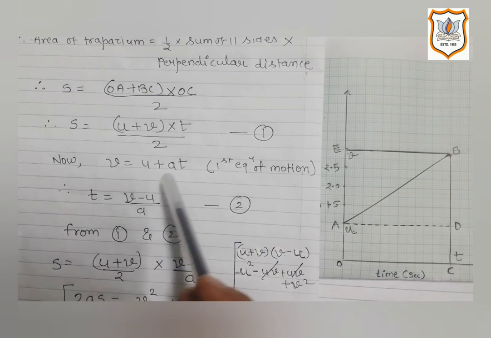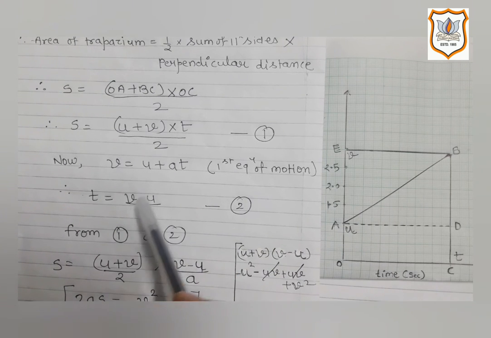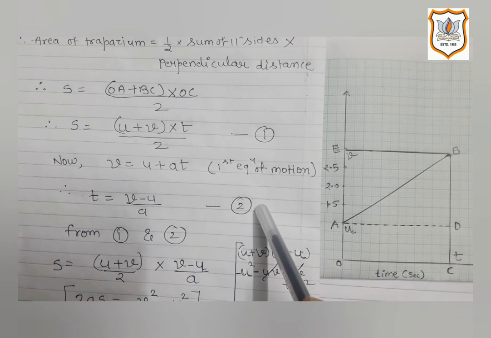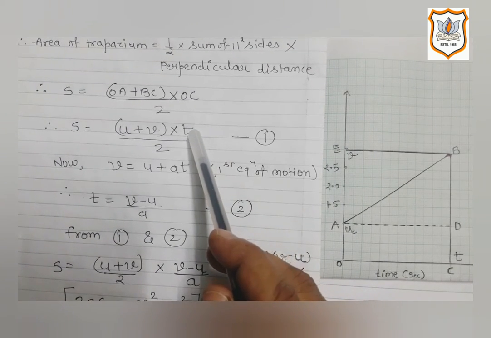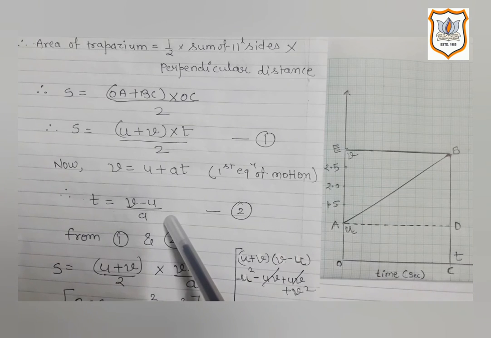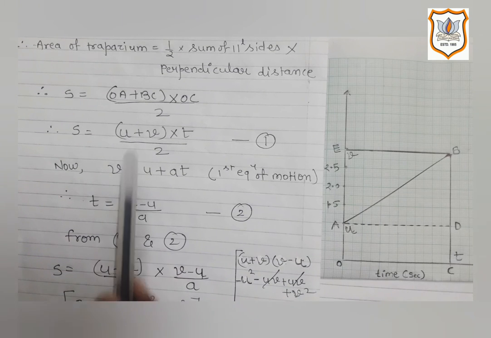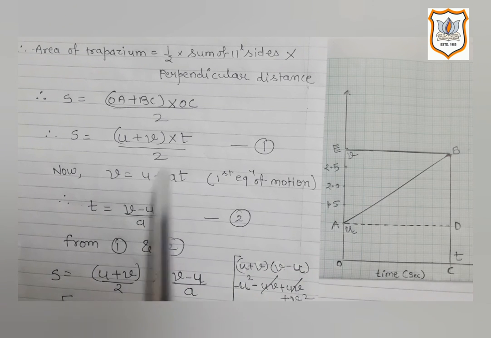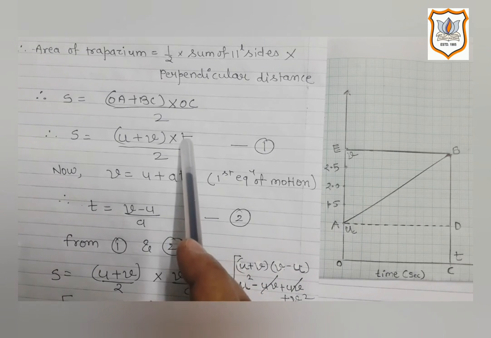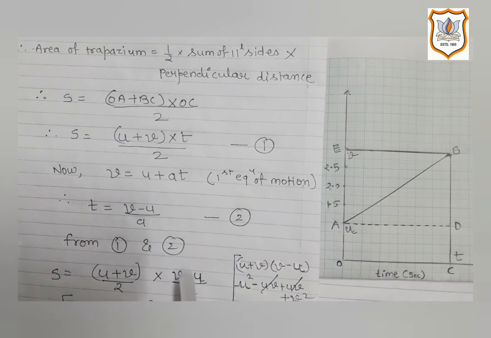We can change this relation as t is equal to v minus u upon a and take it as equation number 2. So from equation number 1 and equation number 2, we can write s is equal to u plus v upon 2, and instead of writing t, we can write v minus u upon a.